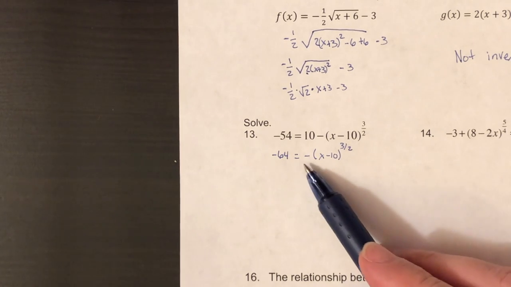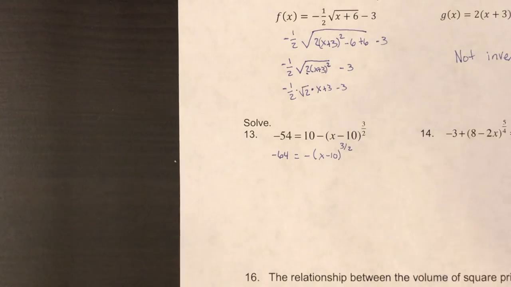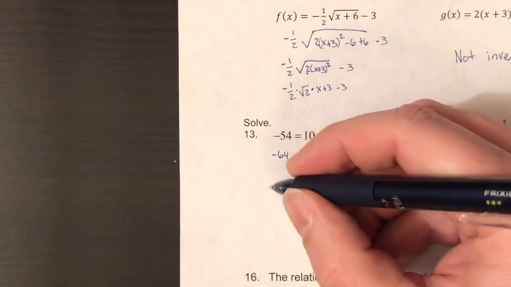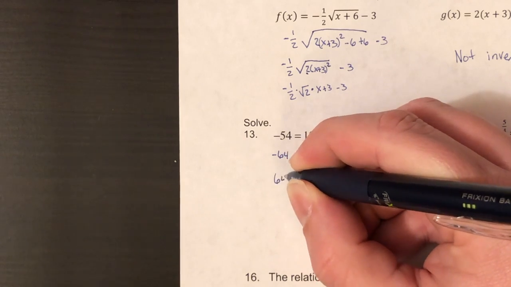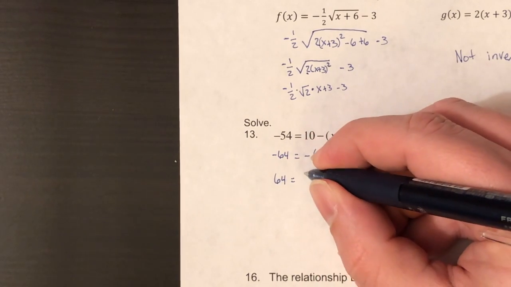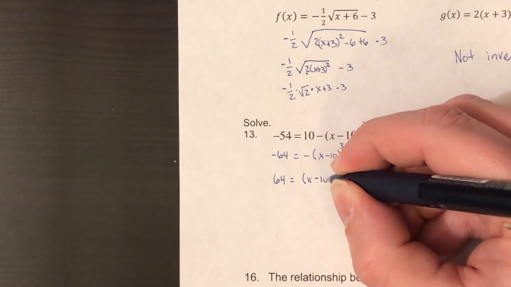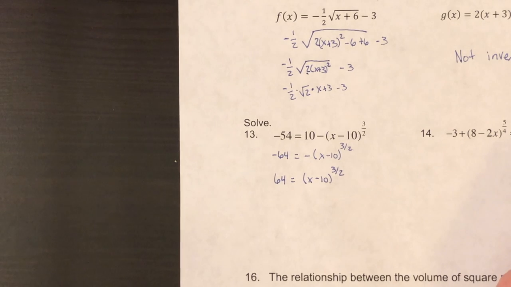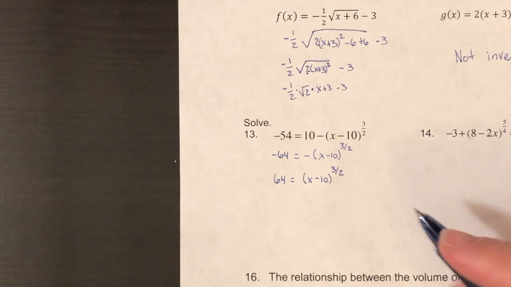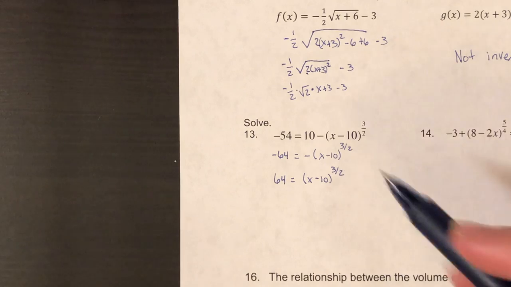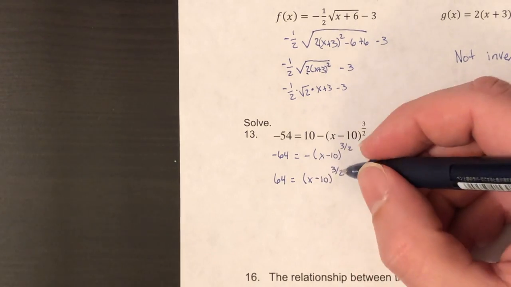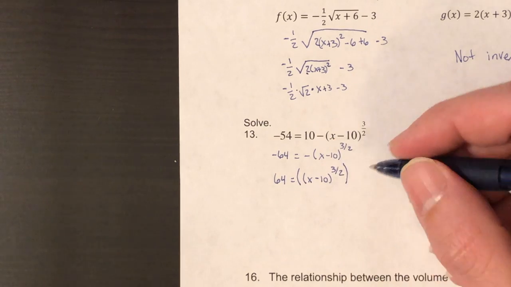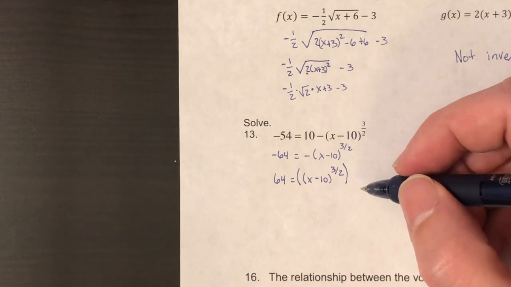I want this to be positive, so instead of having this negative, I'm going to divide both sides by -1 or multiply both sides by -1, however you want to do it. So I've got 64 equals x minus 10 to a power of 3/2. This is the point where we raise this to the reciprocal power.